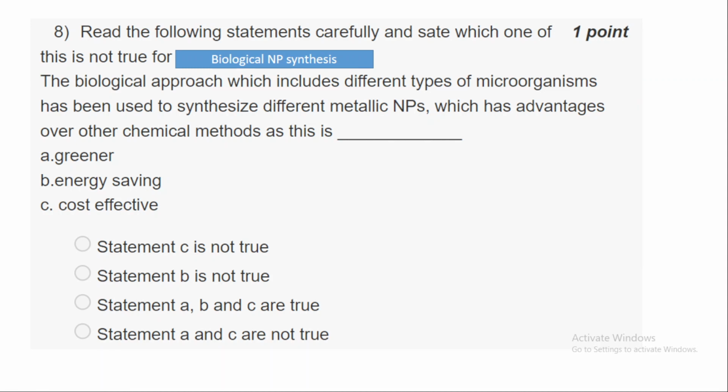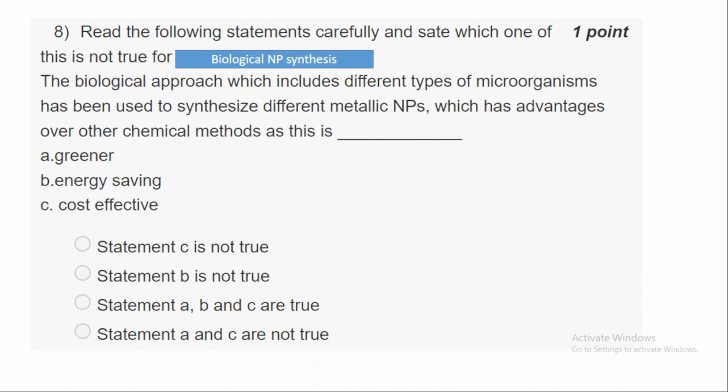Read the following statements carefully and state which one of these is not true for biological nanoparticle synthesis. The biological approach, which includes different types of microorganisms, has been used to synthesize different metallic nanoparticles, which has advantages over other chemical methods, as this is greener, energy saving, cost effective.